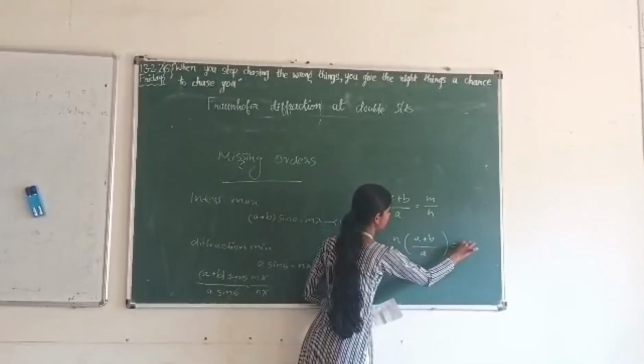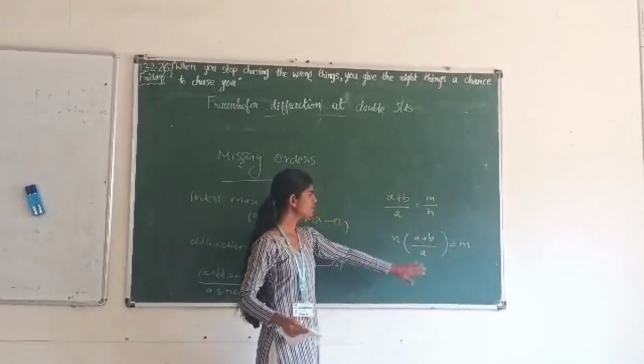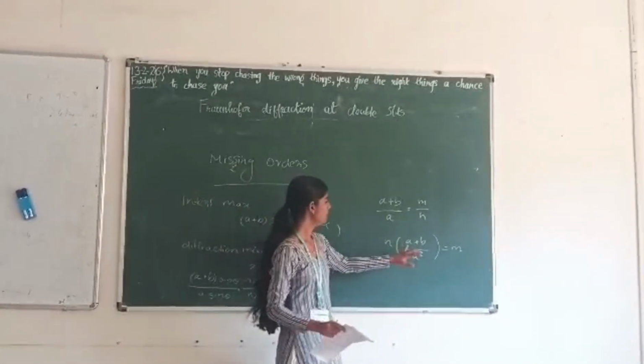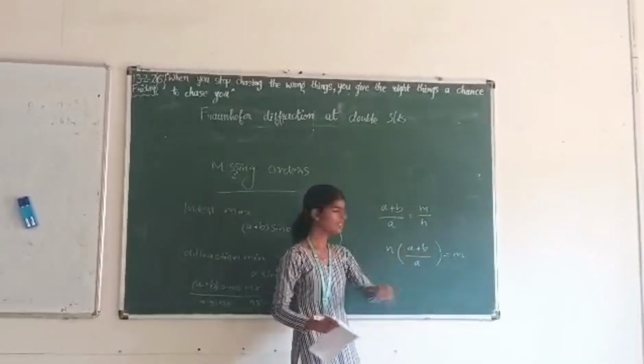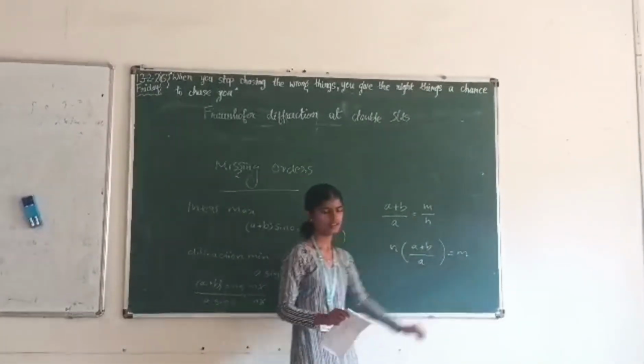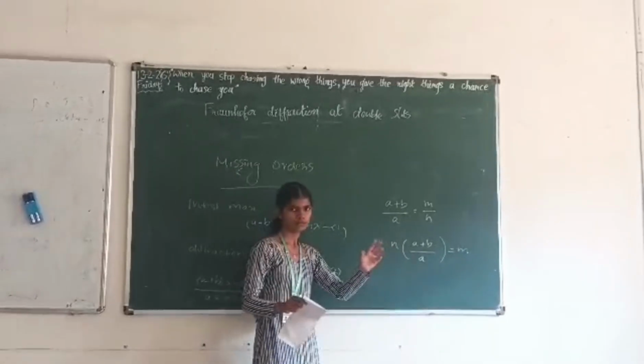This is the equation for finding missing orders. Here a is the width of the slit, b is the opaque portion, and m is the missing orders; n is 1, 2 and so on.